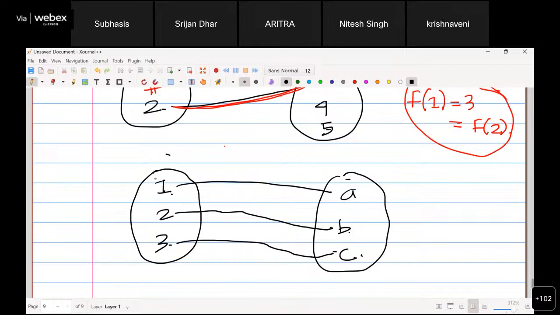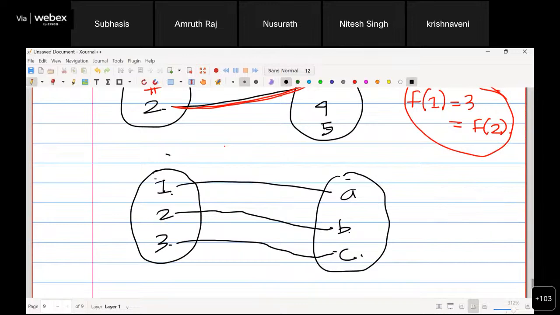The range is A, B, C, and the codomain is also A, B, C. So this is a surjective function, surjective or onto.